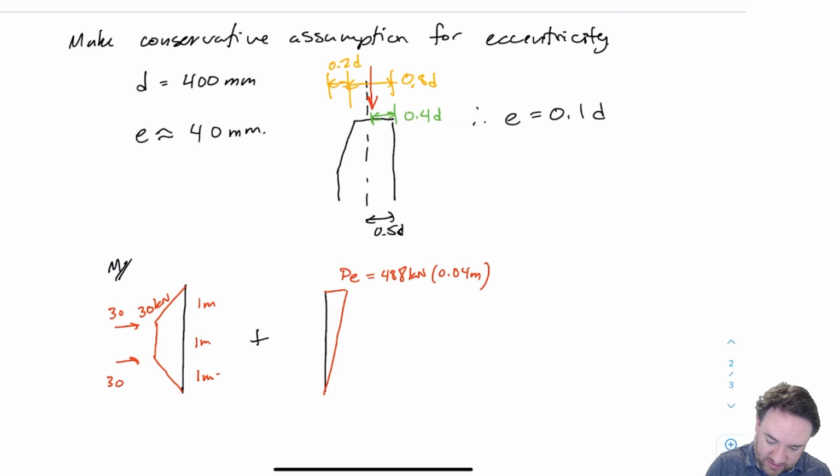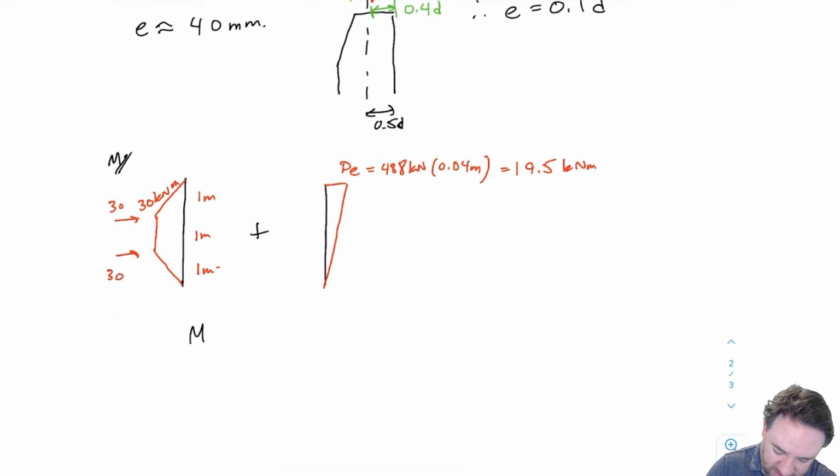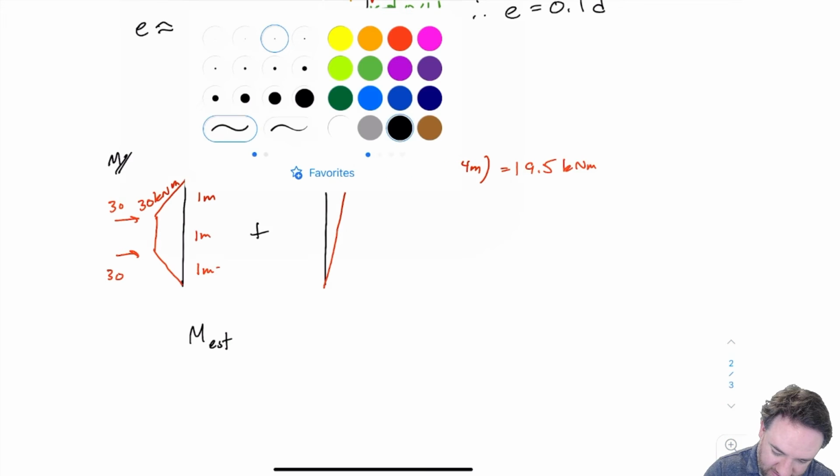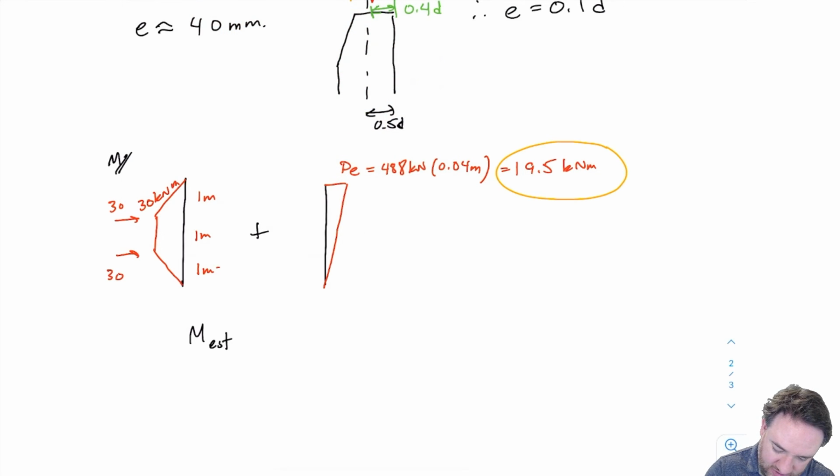And we get 19.5 kilonewton meters. Sorry, this one is also kilonewton meters. Okay, and those are actually going to typically act in opposite directions as shown here, but we'll consider that in a little bit more detail later. For now, just to get a rough estimate, I am going to just add this value to this value.